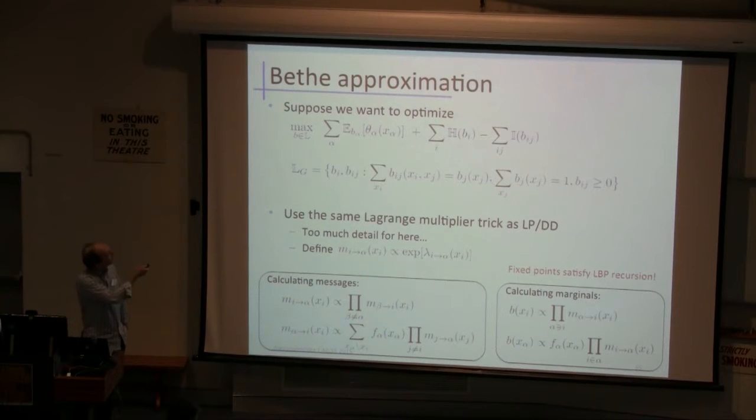So, in fact, optimizing this approximate entropy objective subject to local constraints exactly gives us this loopy belief propagation algorithm that came from intuition before.